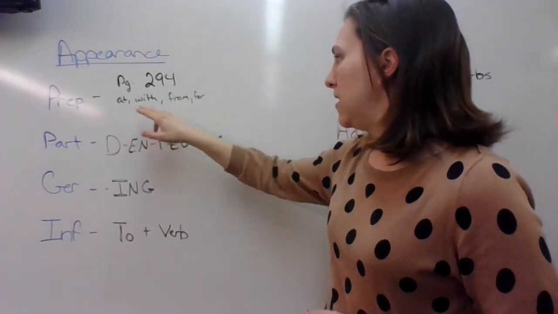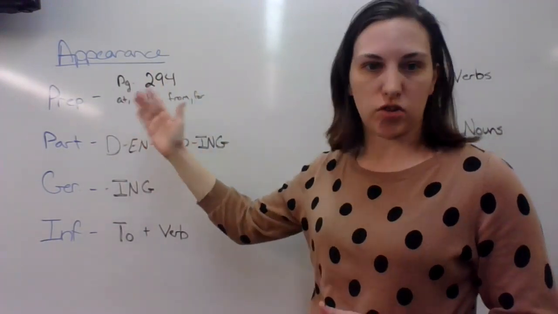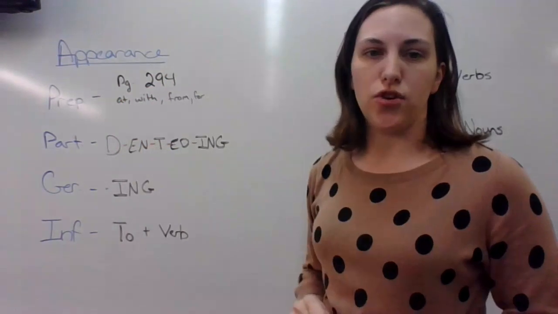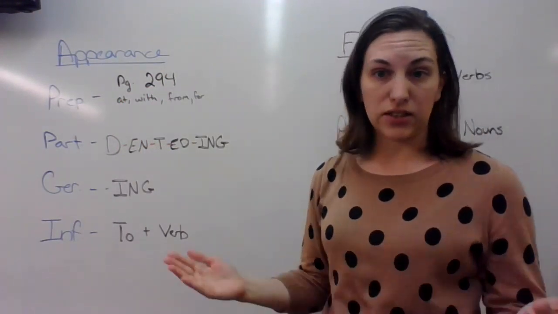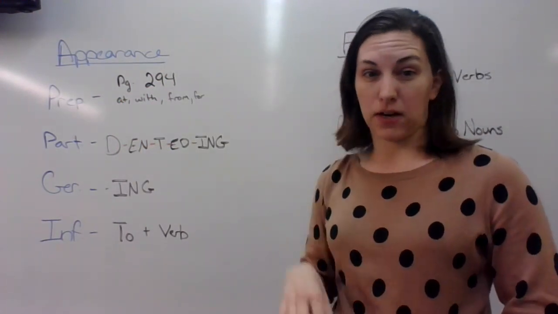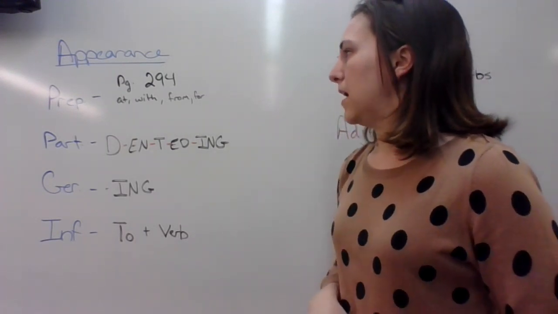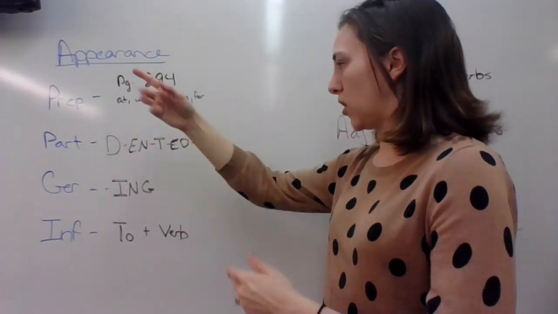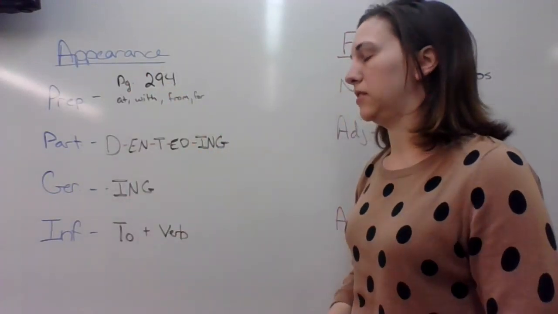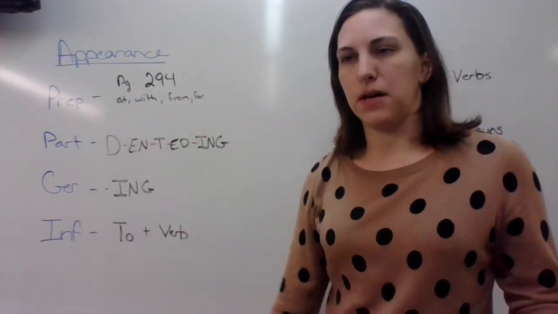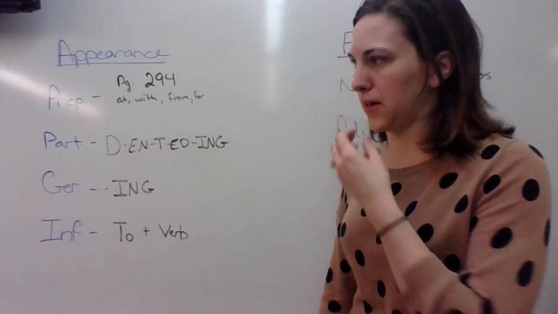Prepositional phrases. I can't list them all here because there are just too many. But if you look at page 294, there's a great list right there for you. Go back over it and look at them just to refresh your memory. That would be good. Prepositional phrases start with a preposition and have an object: at, with, from, for. There's a whole bunch of them, okay?